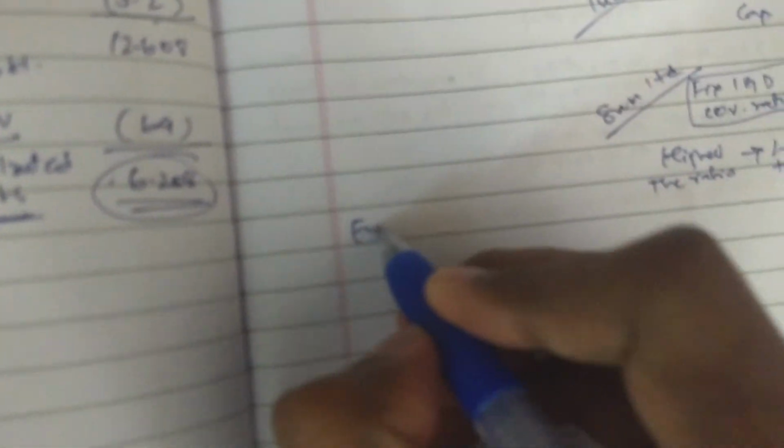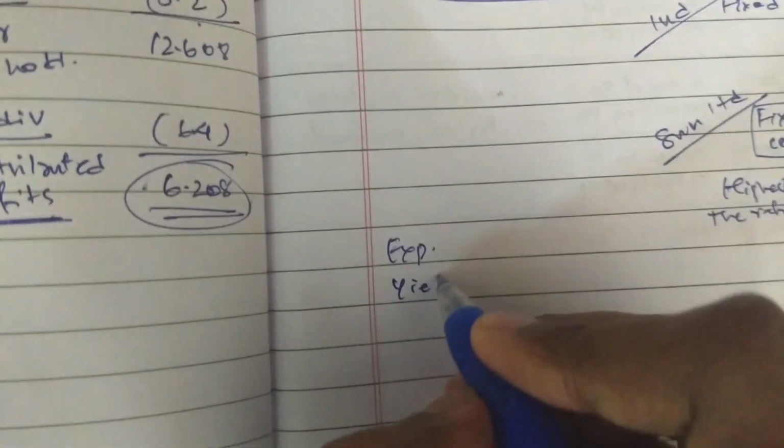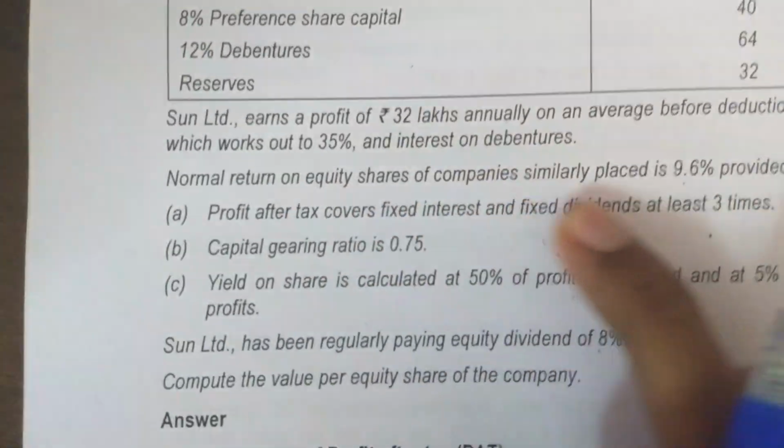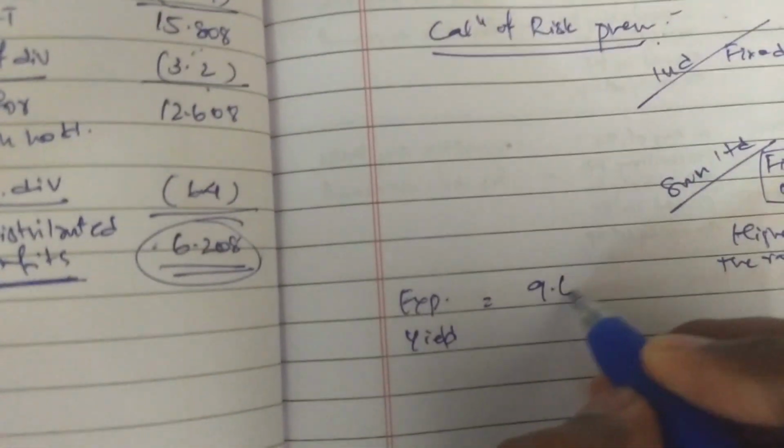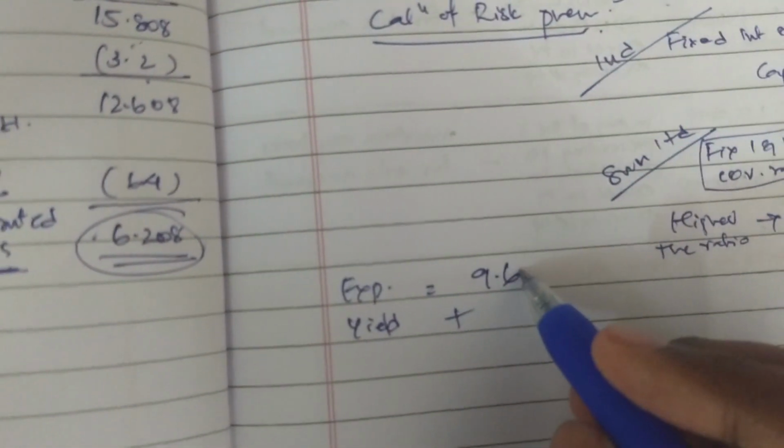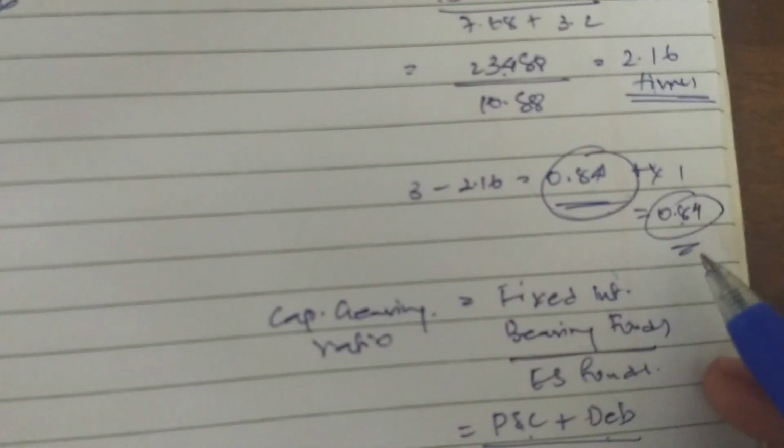So we are adding it for the expected yield. Now the expected yield will be your market return. Your market return is given in the question directly, it is 9.6. Market return is 9.6 plus 0.84 for your fixed interest, and 0.36 for your capital gearing ratio.